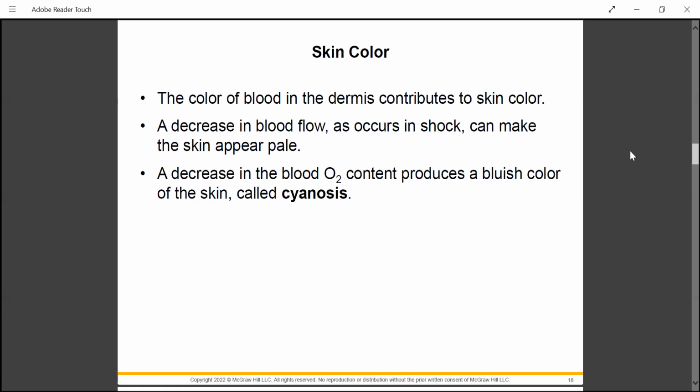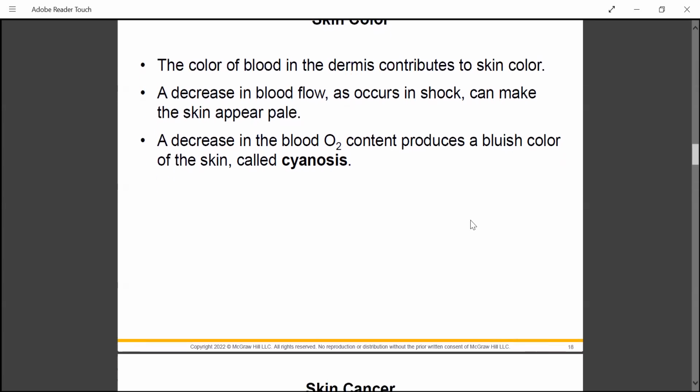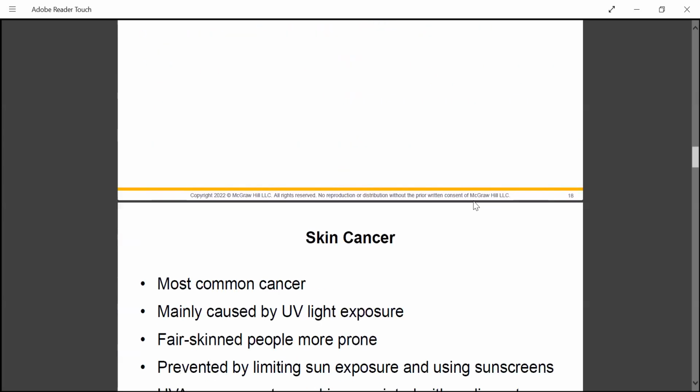Another blood-related change could be a lack of oxygen within the blood, and that would cause a bluish color of the skin because the blood was lacking oxygen. And that disorder or appearance is termed cyanosis. So cyan means blue, osis is abnormal condition. So an abnormal condition of blue skin is usually from lack of oxygen.